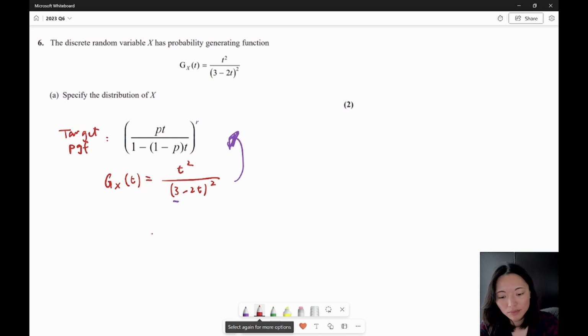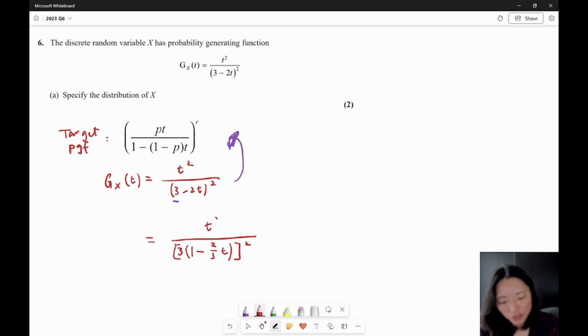So let's do that together. In order to make that 3 a 1, I need to do that within the brackets in the bottom. So that's 2 over 3t. Now I have factorized 3 out of the expression.